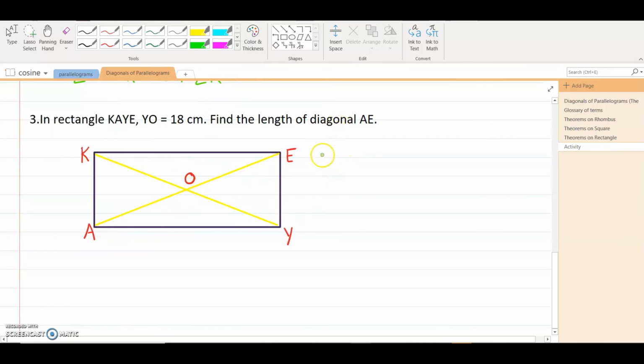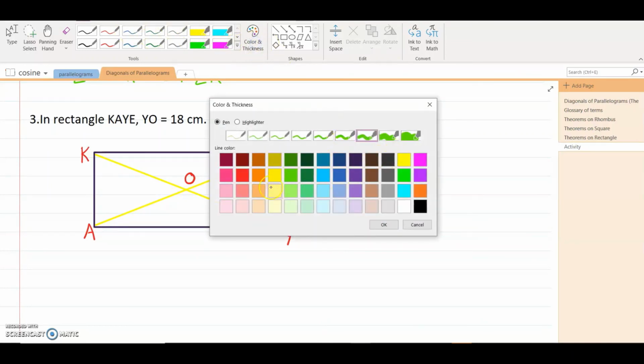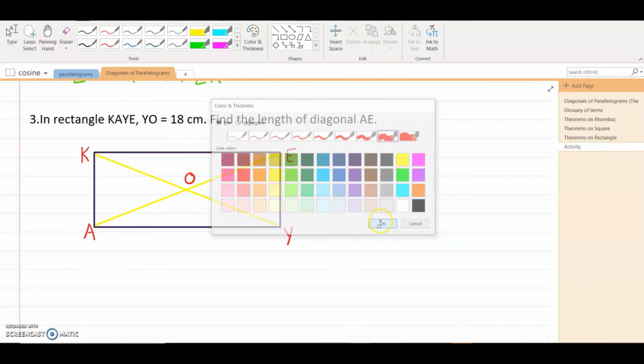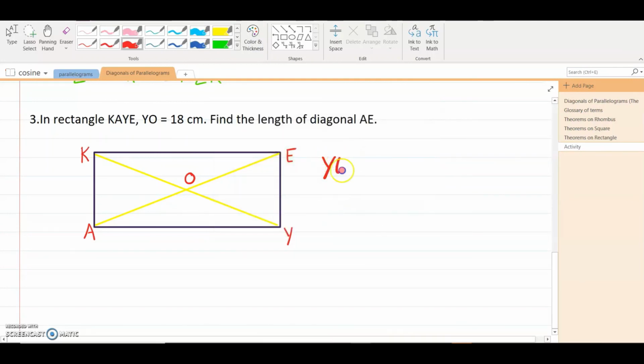So since we know that YO is 18, the measure of YO will be equal to KO. So if YO is 18, KO is also 18.